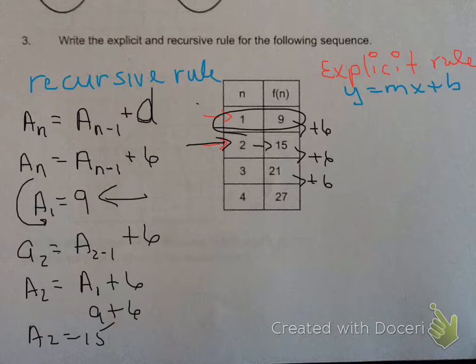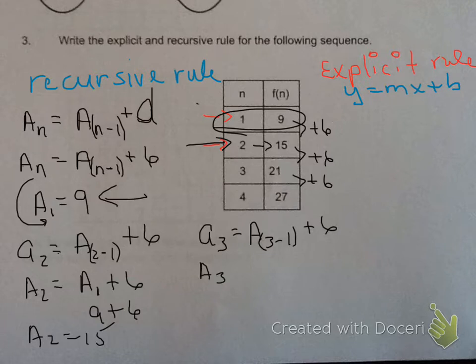Now if you wanted to find a third number, you could put a 3 in for the n. So a of 3 equals a of 3 minus 1, and then we'll add 6 to that. Remember, the little subscript is kind of like in parentheses, so you do the parentheses first. 3 minus 1 is 2, so a of 2 plus 6.